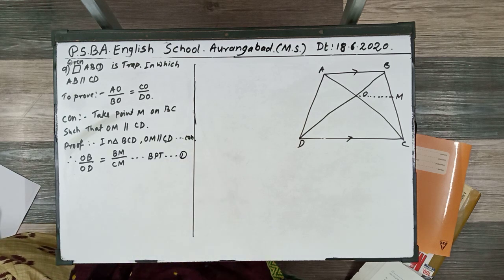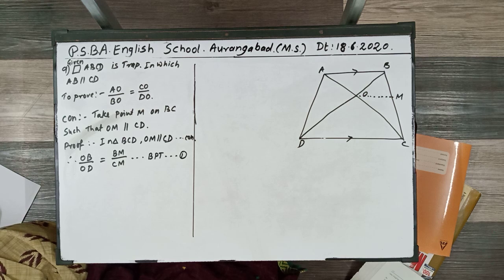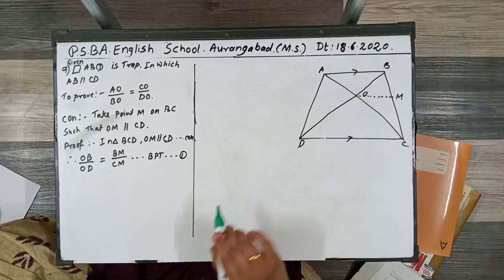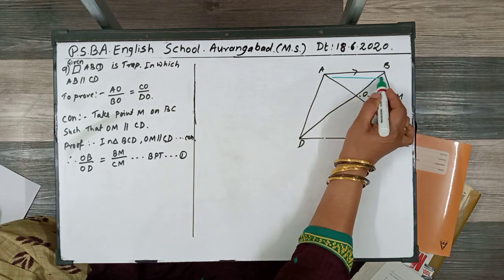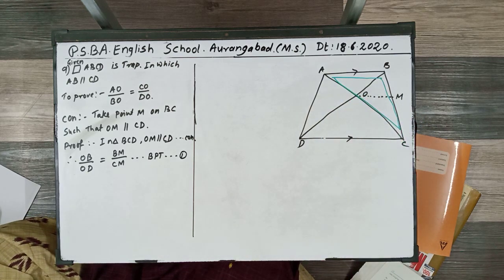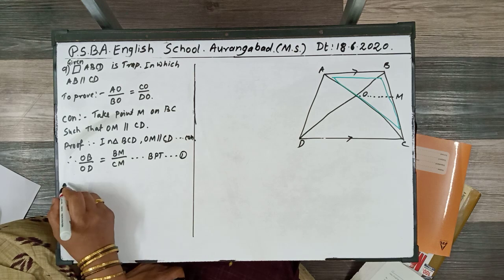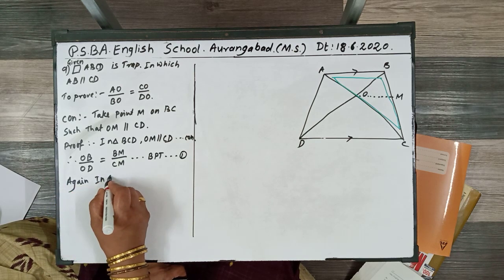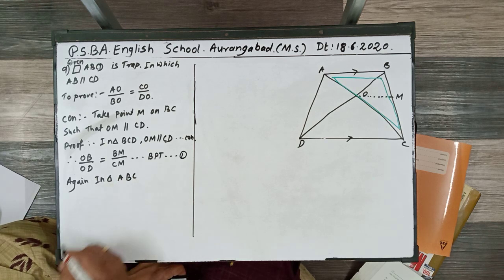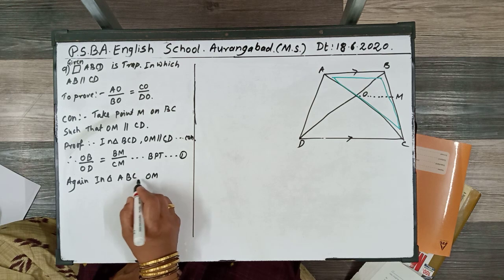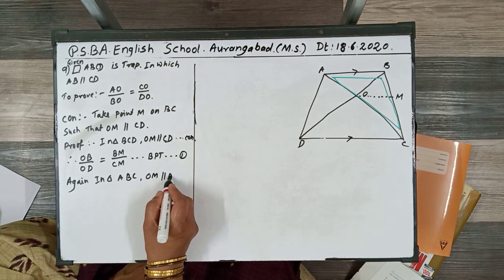Correct? Now let us consider another triangle. Last time we considered BCD. Now let us consider ABC. Can you see the triangle ABC? Yes. So this triangle we are going to consider. Again, in triangle ABC, OM is parallel to AB.